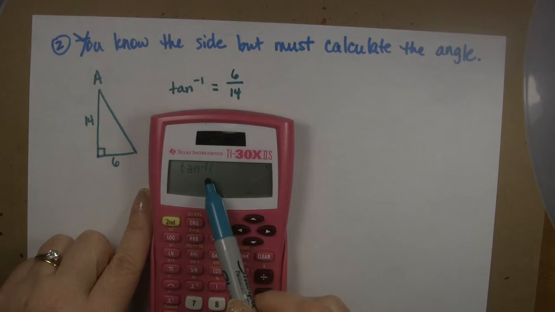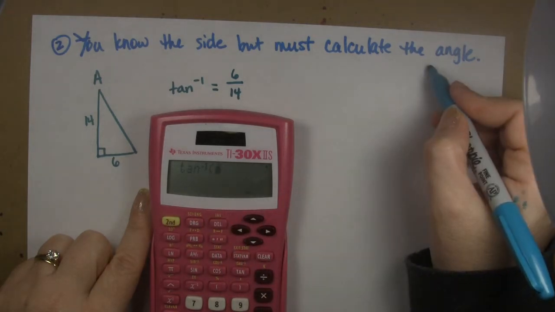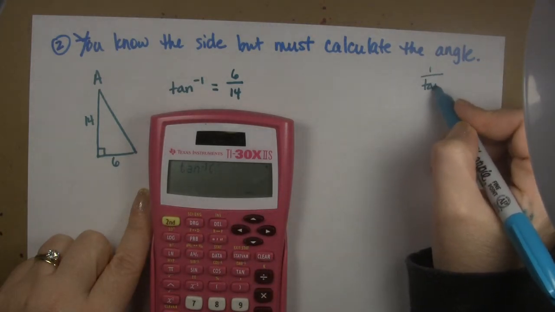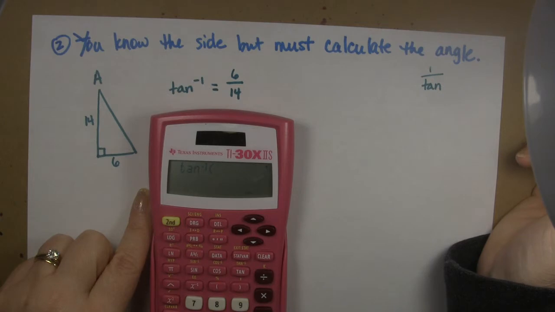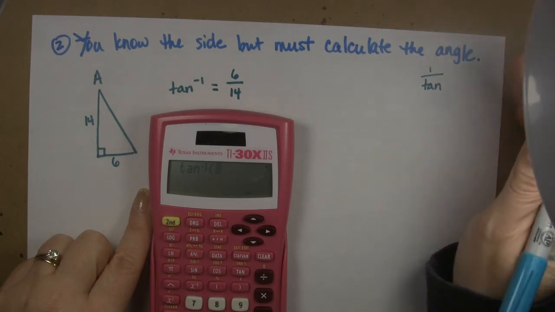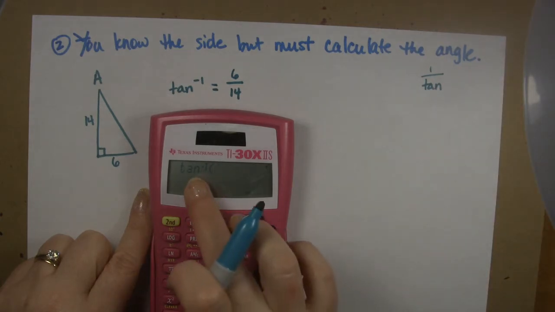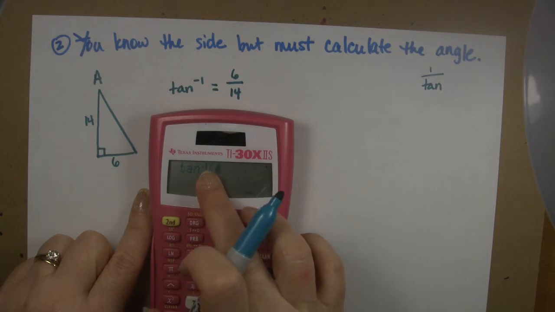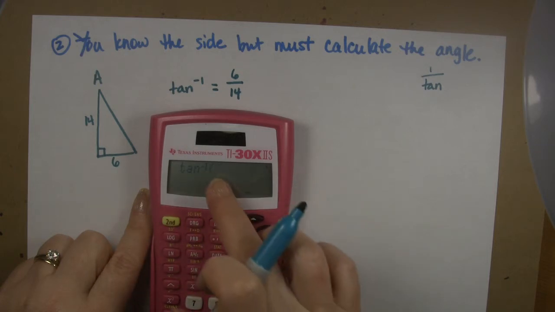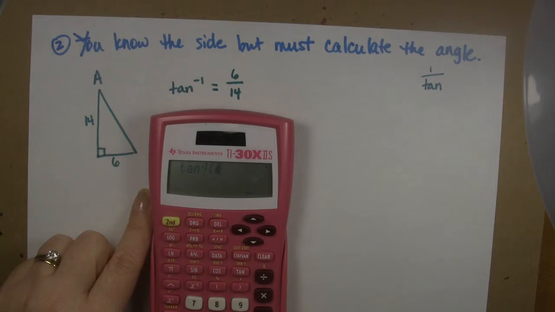So now I get tan negative 1. Some of you might get this. Your calculator might say 1 over tan. Same thing. So I do the inverse tangent, and then when my parenthesis comes up, I do 6 divided by 14 in parentheses equal.